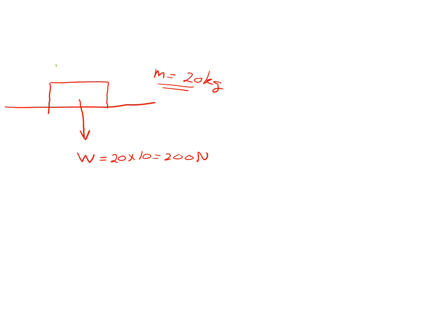In addition to that, let me give you a couple of different forces. You apply another force pointing down on this block. Let's say force F1, which is 5 Newton. And let's say I have another force F2, which is 8 Newton, and I have another force F3, which is 5 Newton.